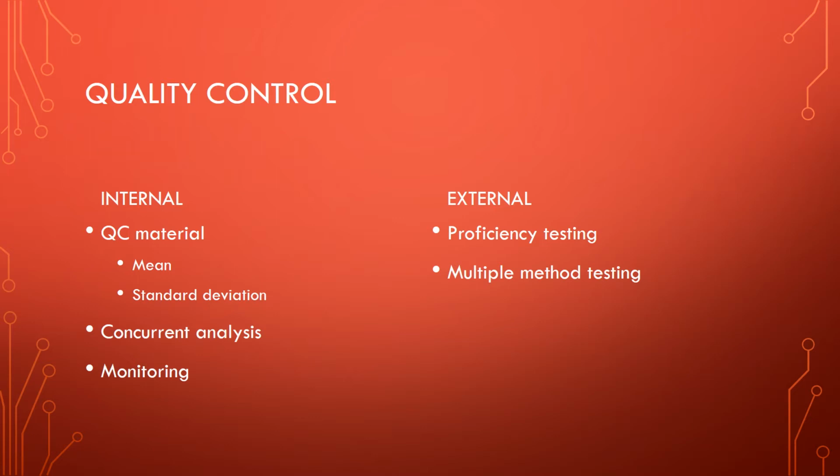Maybe the centrifuge that you're using for a particular chemistry analyzer has deteriorated, and you're not getting full separation of the material, and so that changes your chemistry analysis. That's something that internal quality control should help you pick up.